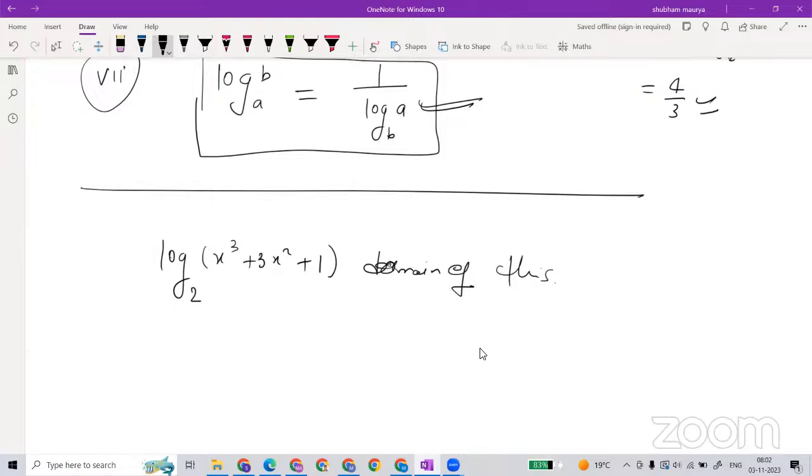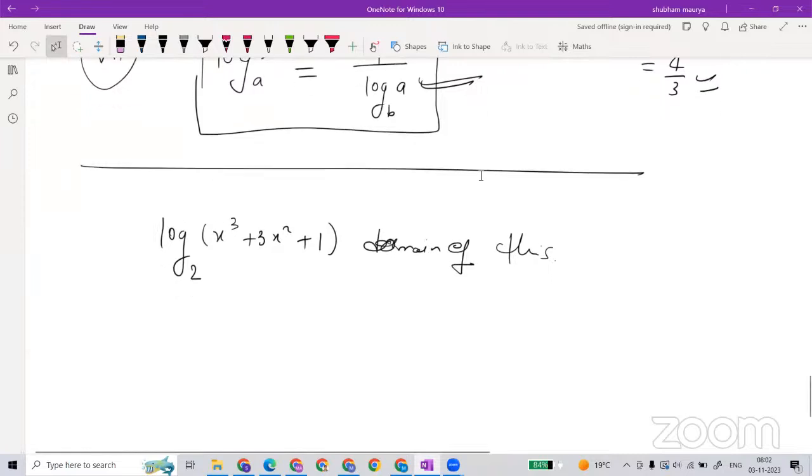Anyone? How can we get the domain of this? Am I audible? Yes, sir, you're audible. Expression greater than 0. Yes.